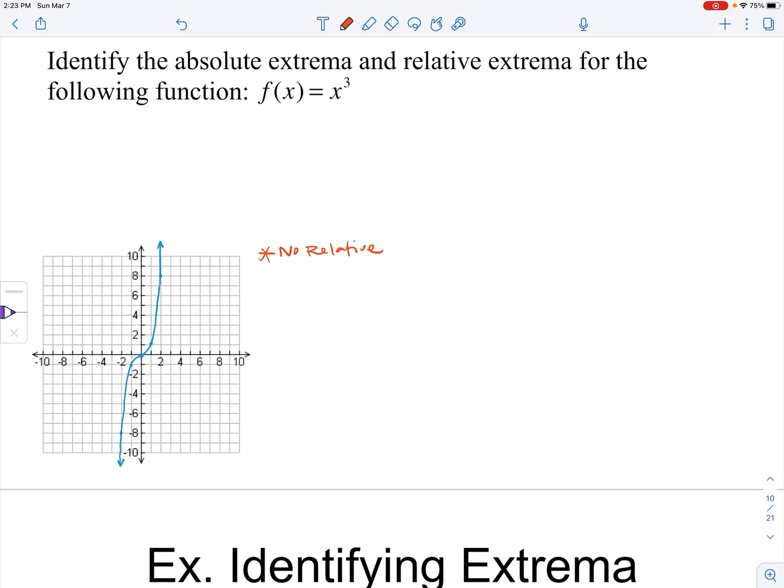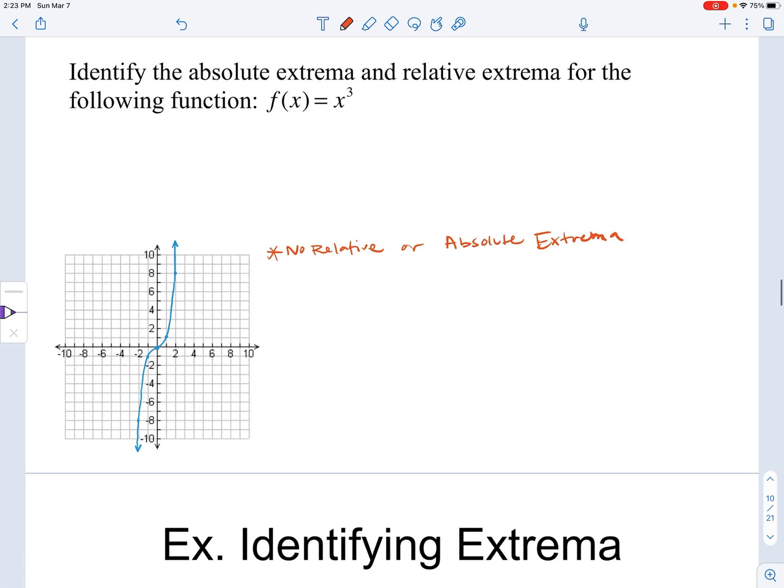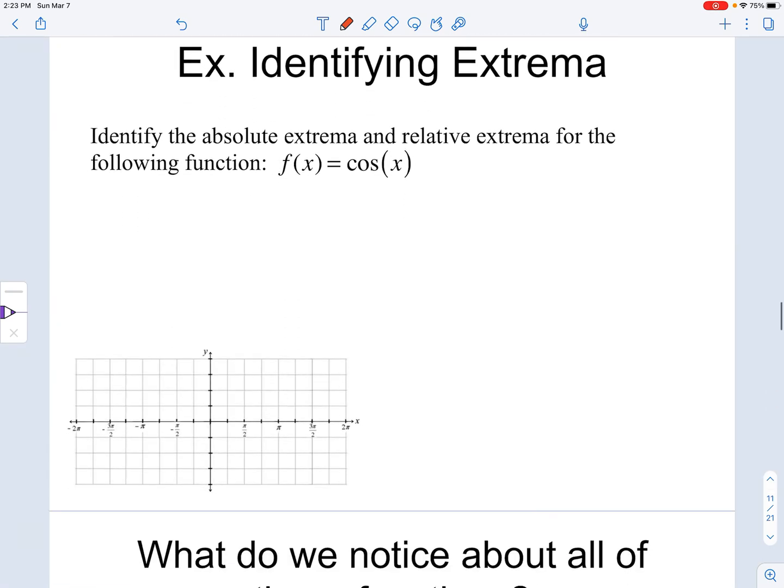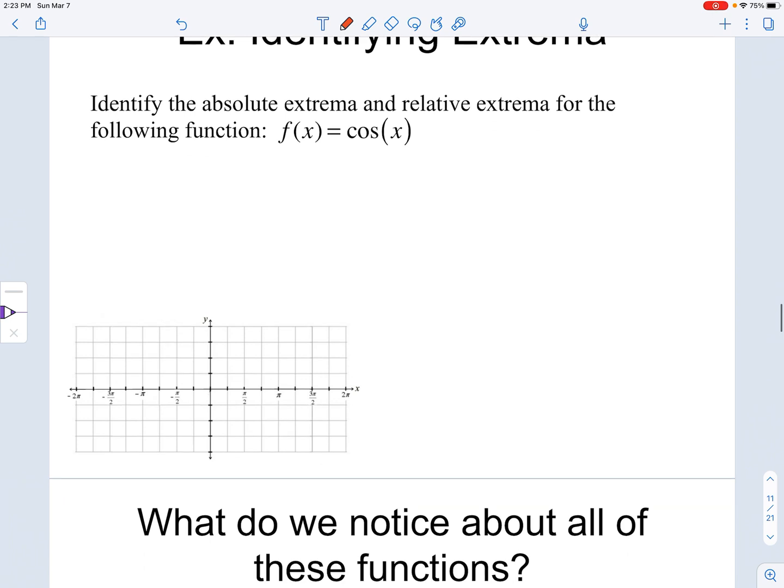No relative extrema. Again. Okay, what about absolute? No absolute extrema either. So no relative or absolute extrema. Interesting. Right? There's not one largest value, not one highest or lowest point on the graph.